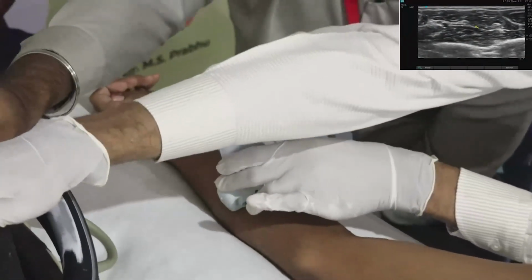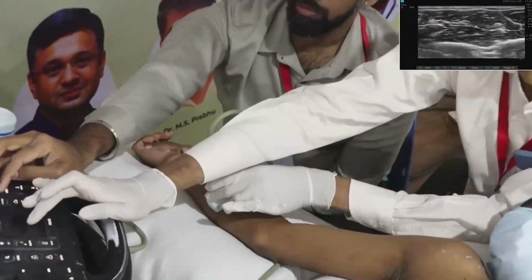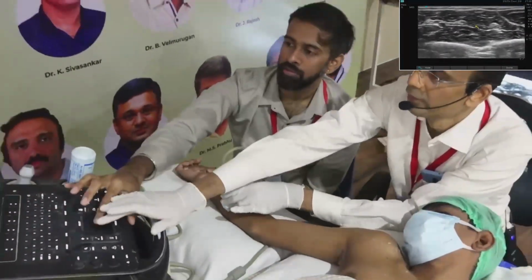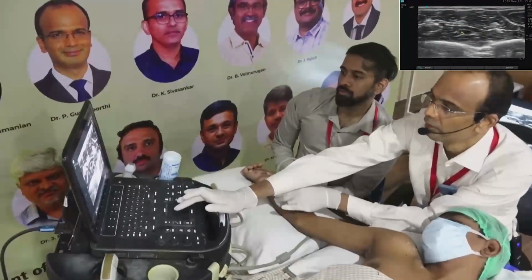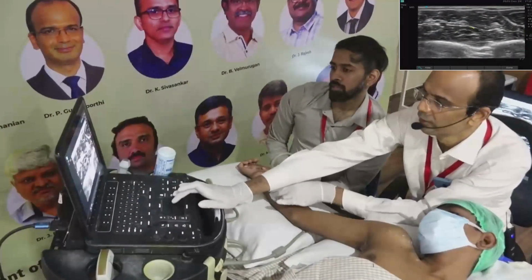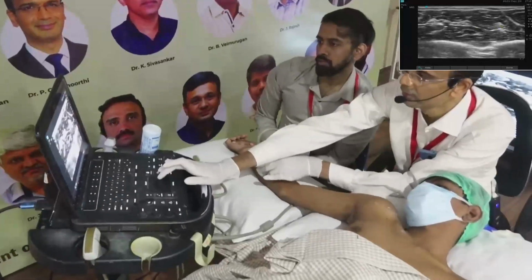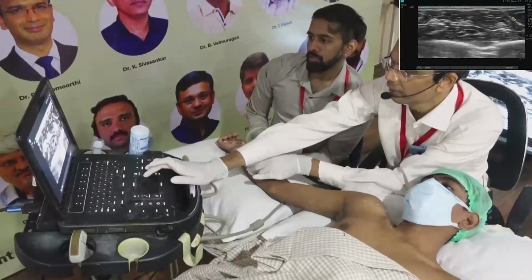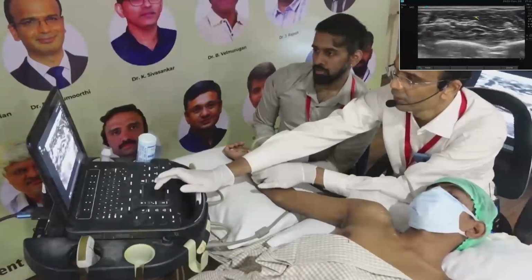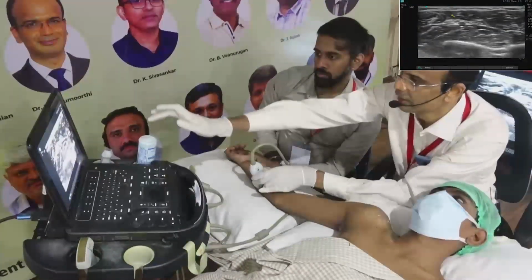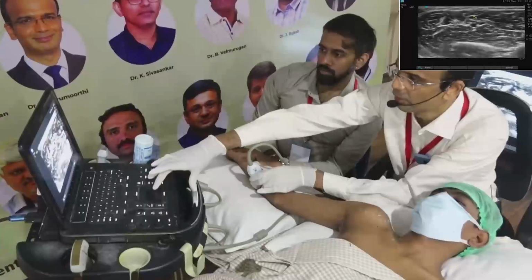The entire muscle is flexor digitorum profundus. This is the panoramic view I told. So this is median now. Here we can see flexor digitorum superficialis. The muscle which is here is flexor carpi ulnaris.